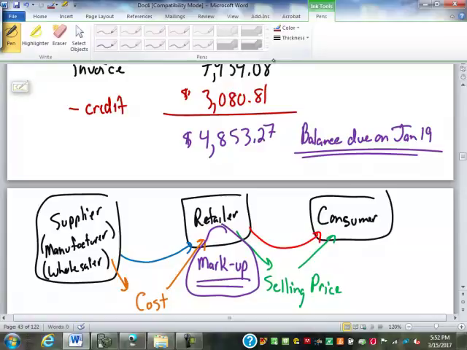Now, if this were an accounting class, we'd get into an official definition of overhead. Overhead is pretty much expenses that cannot be attributed to a single product. Like when you buy a product, the cost of the product itself can be matched to that product. The cost of shipping it can be matched to that product. Even a certain amount of your labor can be matched to that product.